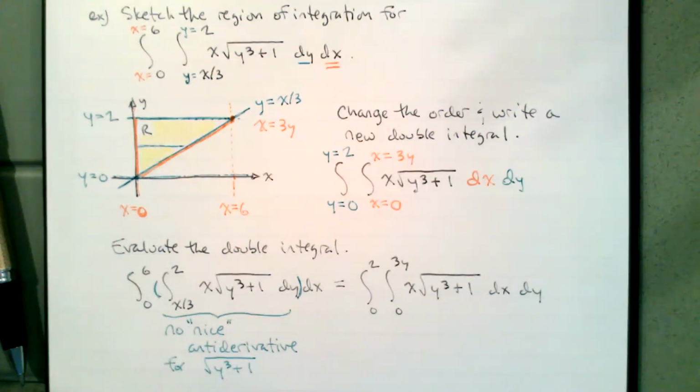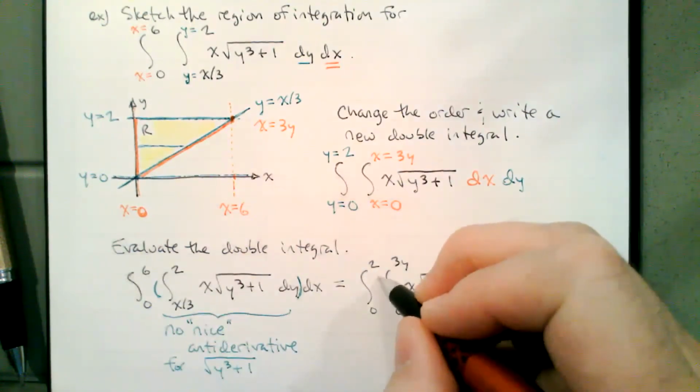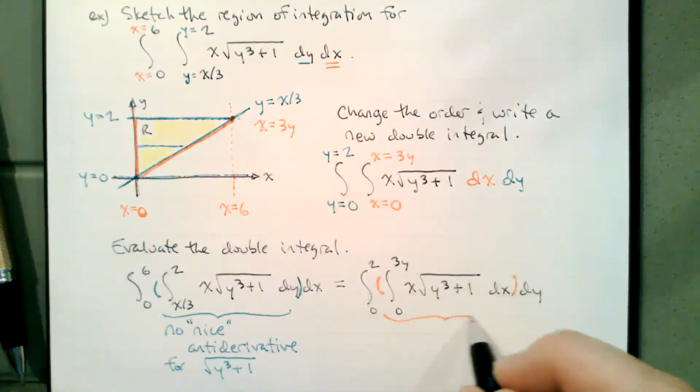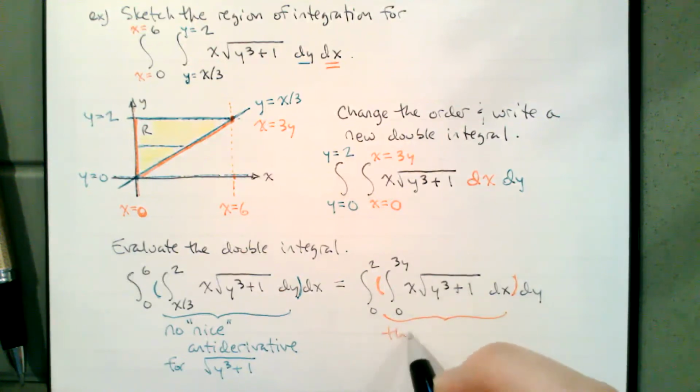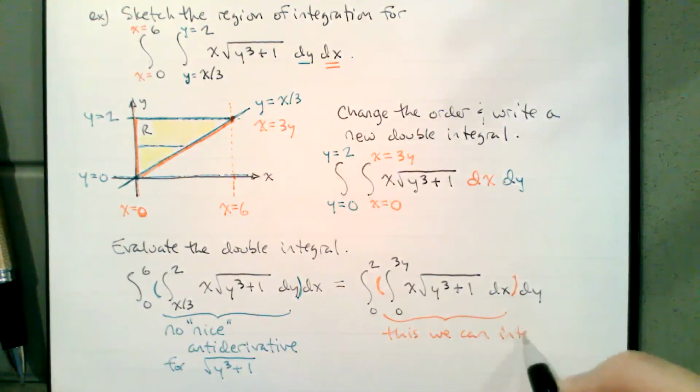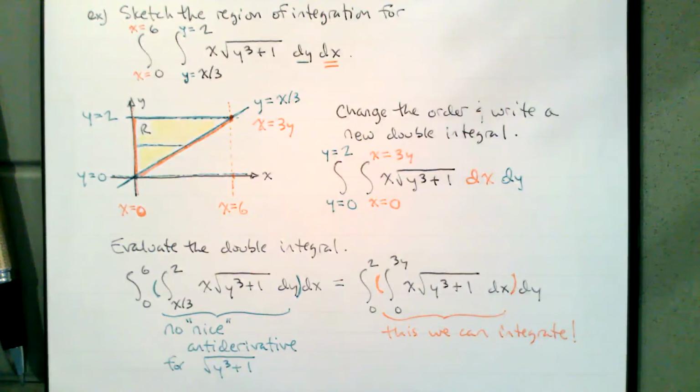Now our first integral is an x integral, and the square root of y cubed plus 1 is constant. So now our first integral in here, that's something we can integrate, because the variable part is just the x. The square root of y cubed plus 1, that's constant with respect to x.